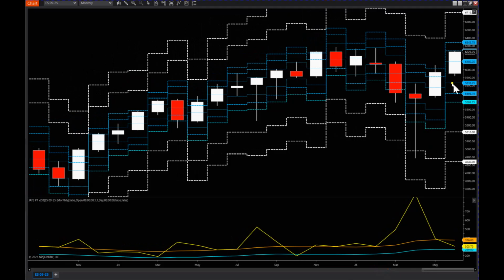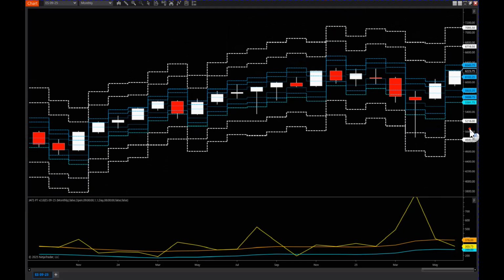So instead of measuring the entire 3 to 3, I'm measuring mean to 3. So when we go two times this range, here's 1.5 times and two times. I'm measuring mean to 3 to get there, not the entire range.